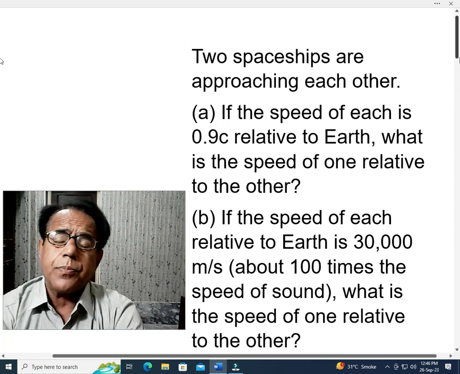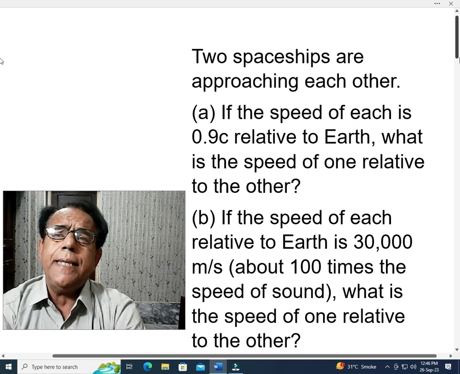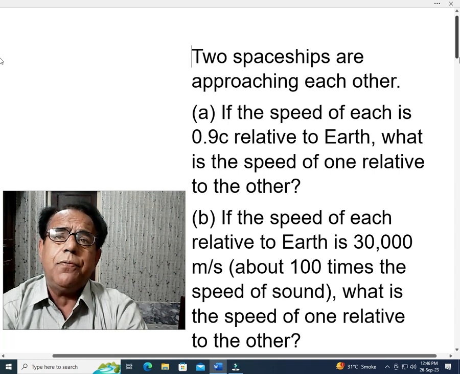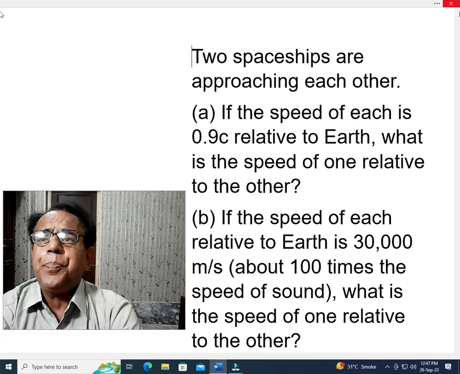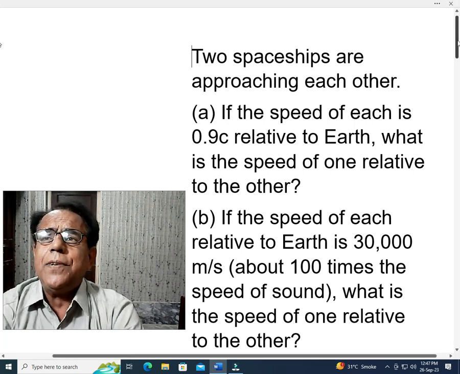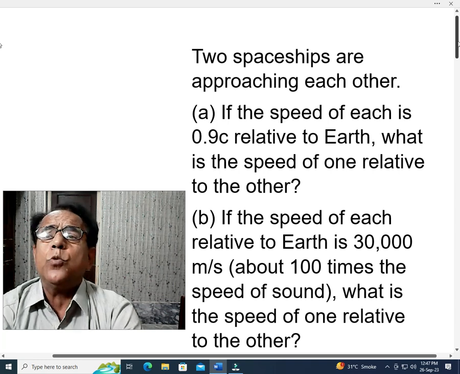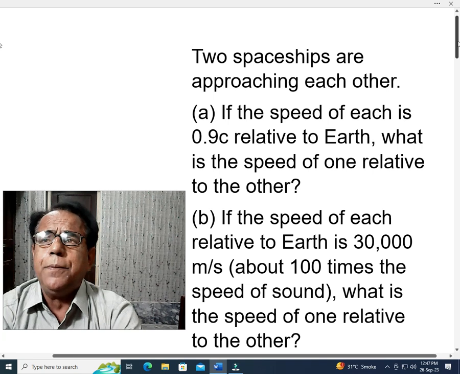The other possibility is that they are traveling in opposite directions such that their distance is increasing, but that is not the case here. Here their distance is becoming less and less.